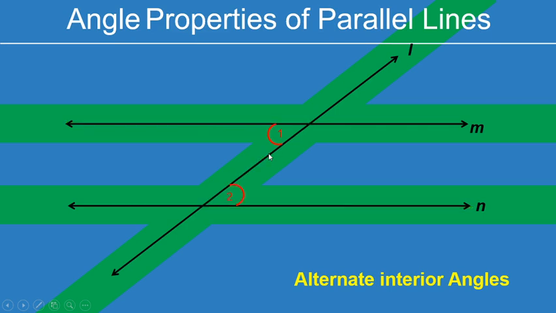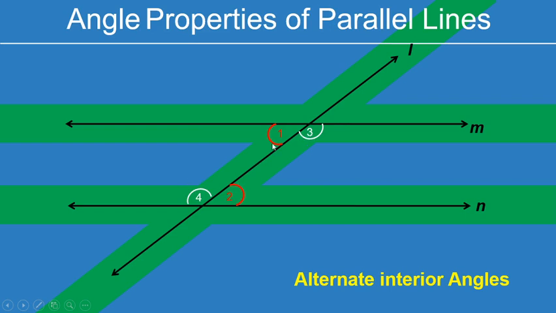Similarly, if we take the other pair, there is a formation of reverse Z. So angle 3 and angle 4 are also alternate interior angles.